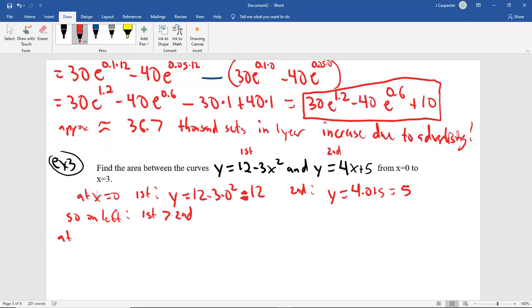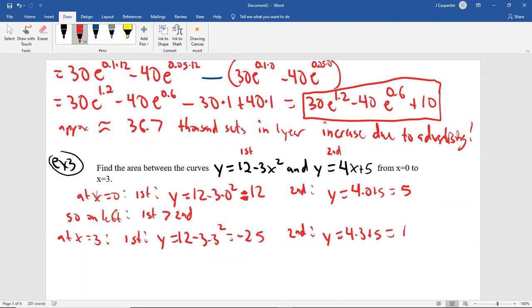What about on the right, at x equals 3? The first one, we get y equals 12 minus 3 times 3 squared, which is 12 minus 27, which is negative 25. And 3 squared is 9, 9 times 3 is 27, 12 minus 27 is negative 25. The second one, that's y equals 4 times 3 plus 5, which is 12 plus 5, and that's 17.